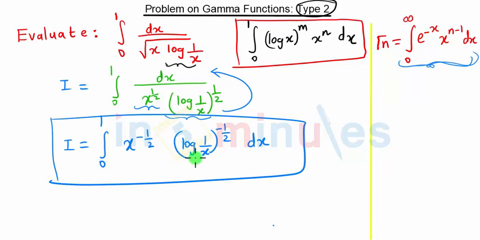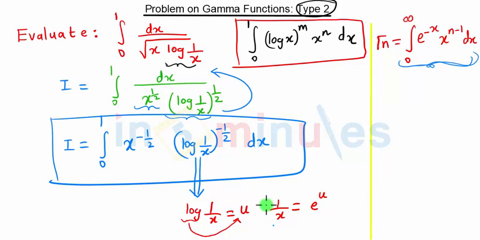So let's say we substitute log of 1 by x equal to u. If I take this log to the right hand side, it will become exponential, e raised to u. So if I take x to the numerator, or cross multiply, x will be equal to e raised to minus u.